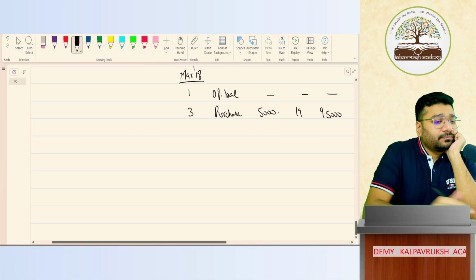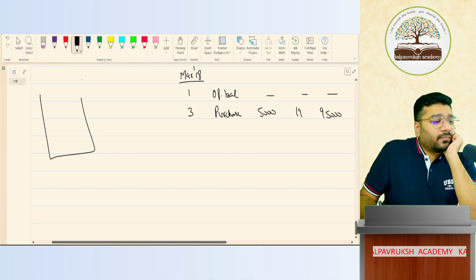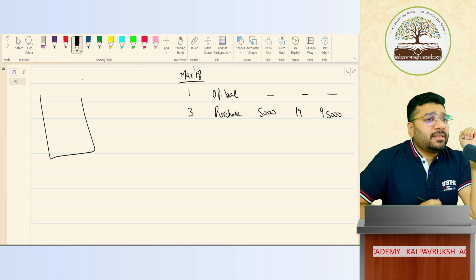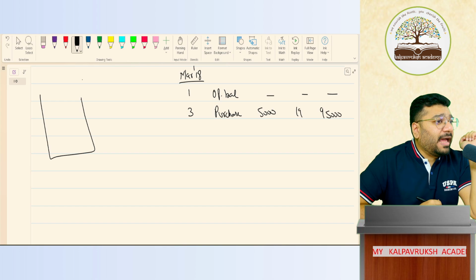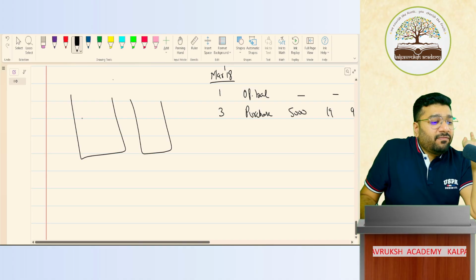Now, I'm running a departmental store. In my departmental store, there is one particular section where I have kept all the provision items. So I have multiple barrels. In one, we have rice. In one, we have wheat.